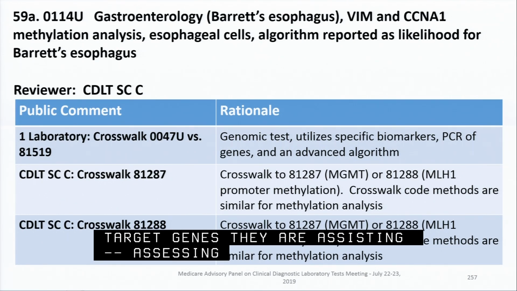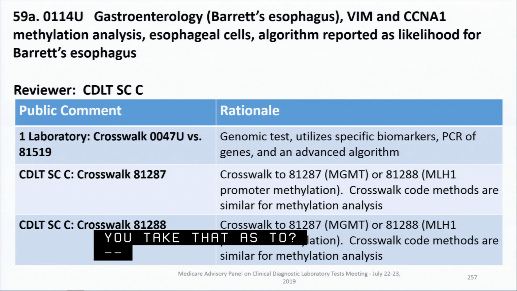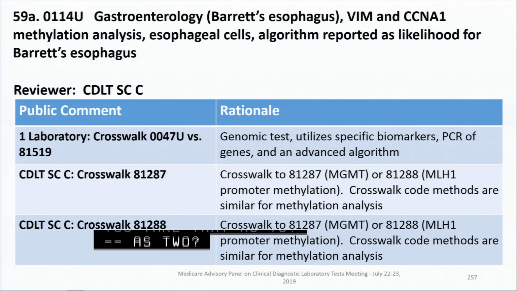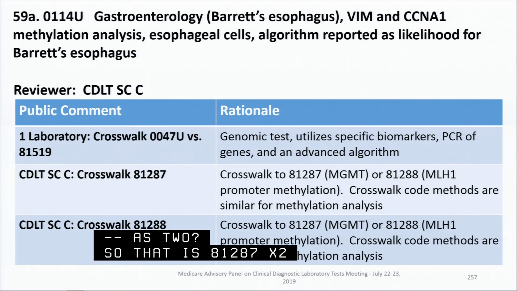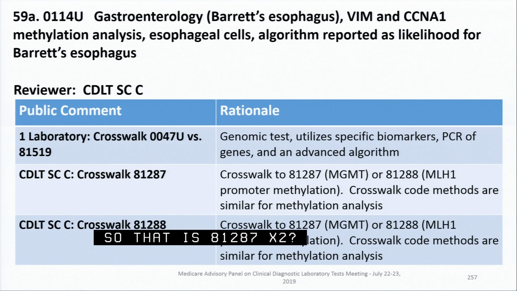That's 81288 or 87? Times 2. 87? Does this mean we're just going to revise the 81287 from times 1 to times 2? Is that what the panel would like to do?